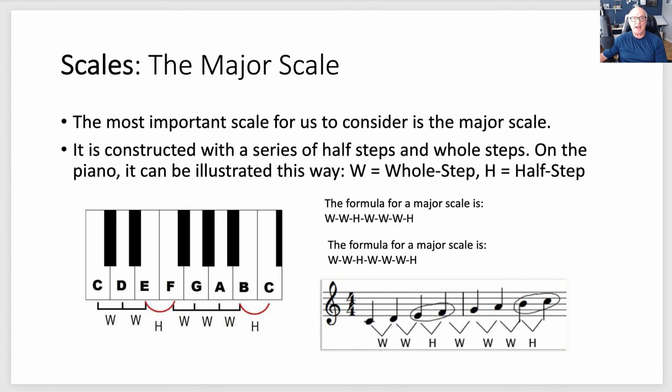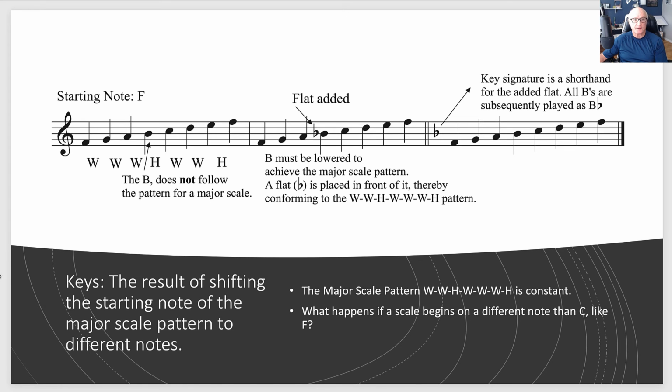Well, this is transposable, which means, let's suppose I start on the note F. Well, if I go F, G, A, B, C, D, E, and F, those 7 different notes and then the repeated note an octave higher, the B doesn't follow the pattern because it creates whole, whole, whole, half, whole, whole, half. But we need to have the half step between the 3rd and 4th notes of the scale.